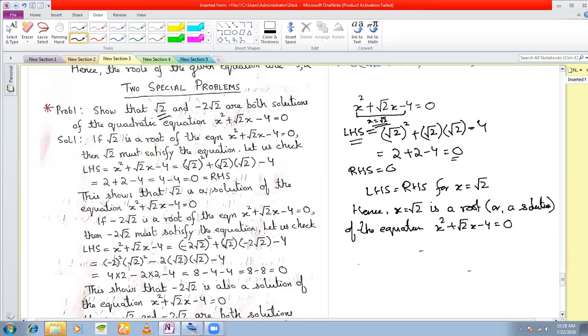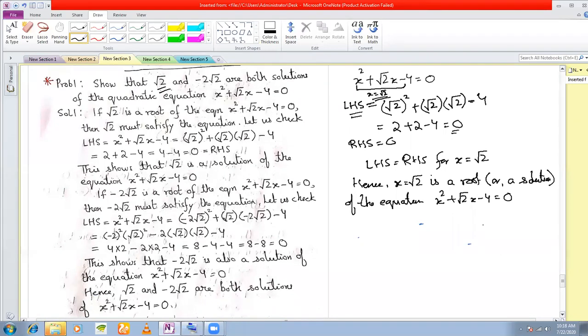Similarly, you show for minus 2 root 2 also, which I have done here.